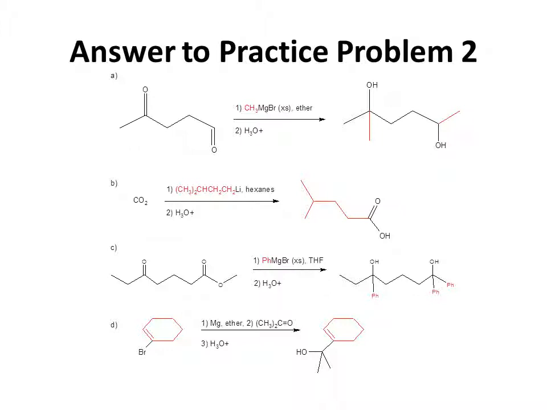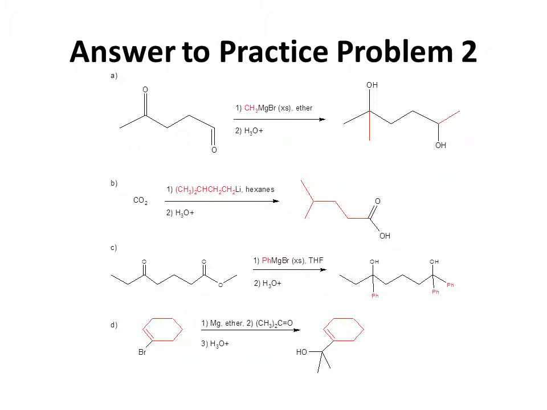In part C, we have both a ketone at the front part of the molecule and an ester at the terminus, the end of the molecule. We have an excess of phenyl magnesium bromide, so we have more than enough Grignard to react. And you'll always get more than enough, because if you try to stop in the middle, you just get a bunch of junk mixtures. So you have enough of this phenyl magnesium bromide to go after both the ketone and the ester.